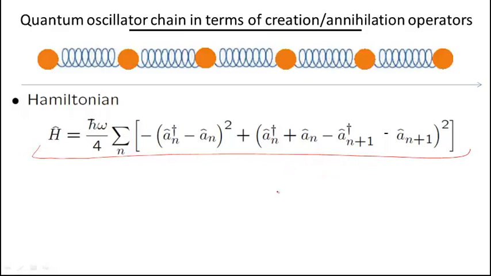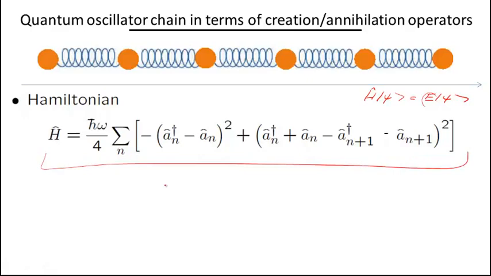The strategy for solving the problem is different from the typical solution in single particle quantum mechanics, where we're dealing with the Schrödinger equation and wave function. Here, of course, we still would like to solve the Schrödinger equation, but we don't worry too much at this stage about the form of the wave functions. We just want to know the energies that are possible in this system, just like in the previous video, where we worried about the spectrum, the dispersion relation of classical waves. So here we want to know the dispersion relations for quantum waves.